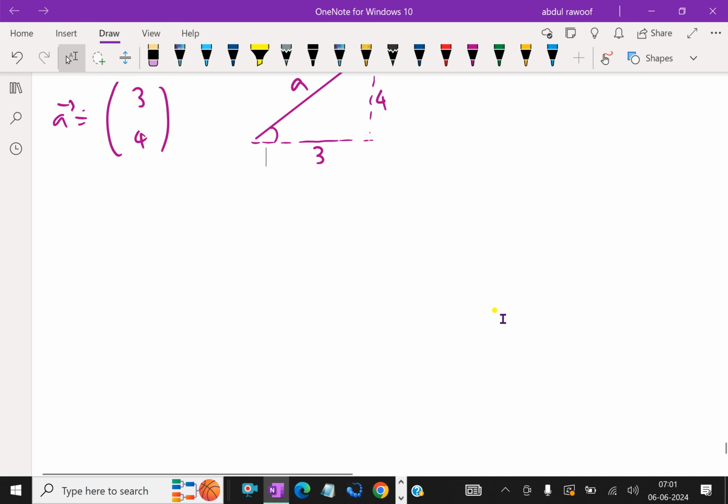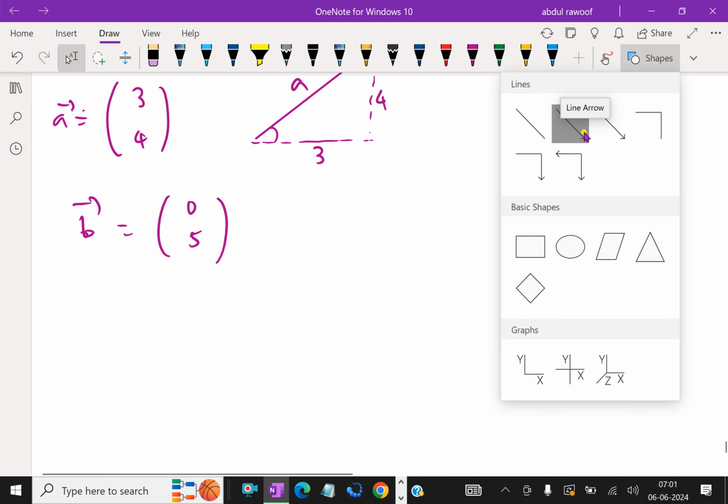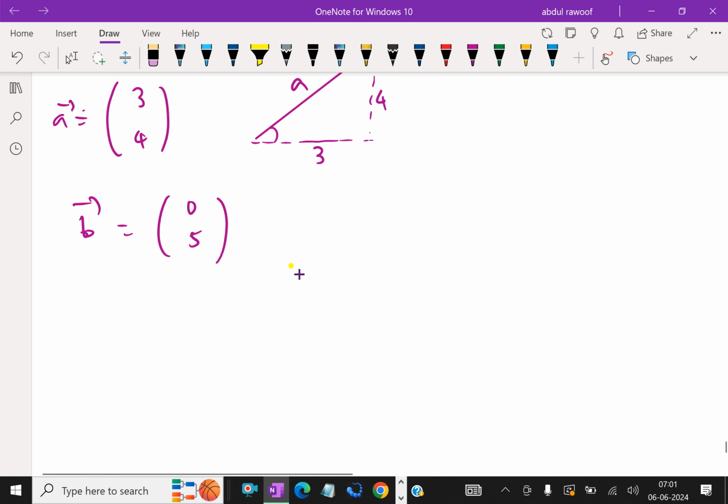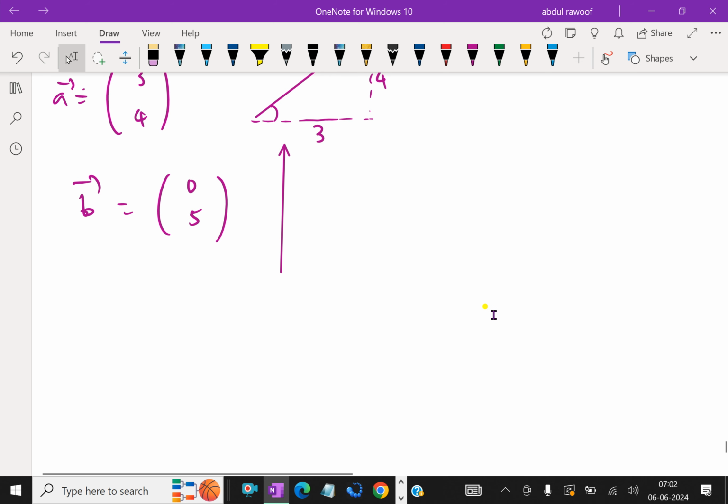Vector B is another vector, (0, 5). What does it mean? This vector has no x component, only a y component. Let us draw this vector. This is a vertical component only.